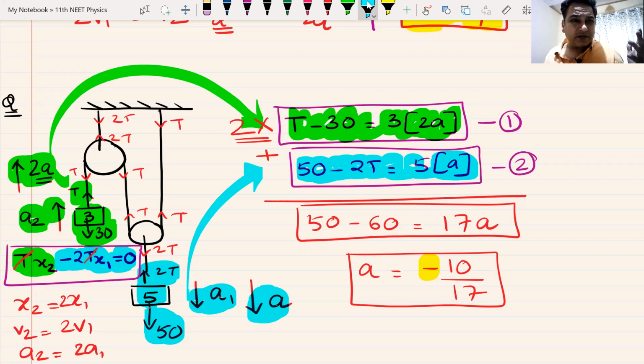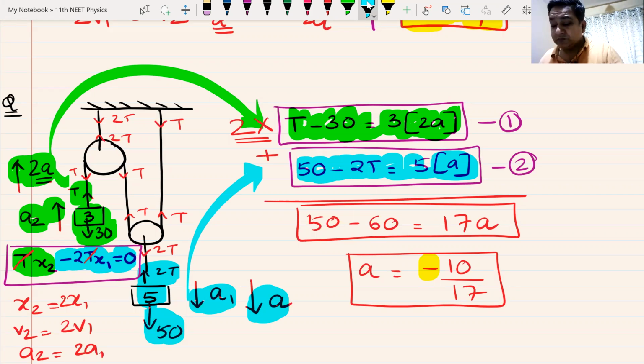How did it happen? How did a lighter block, which was supposed to go up, actually move downwards, and the heavier block, which was supposed to be moving downwards, actually move upwards? Why does this happen?